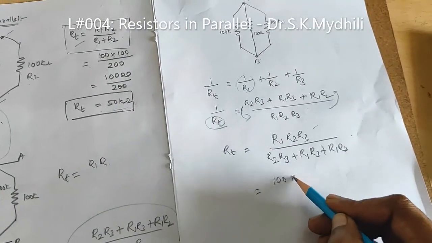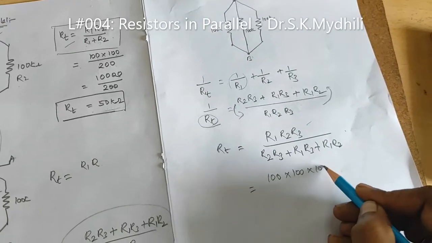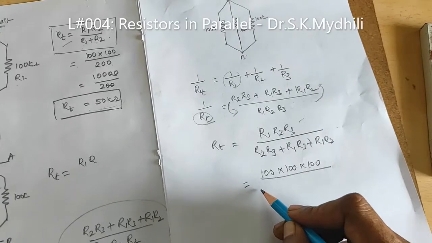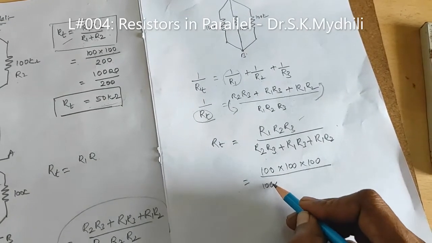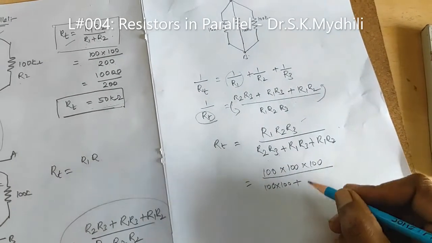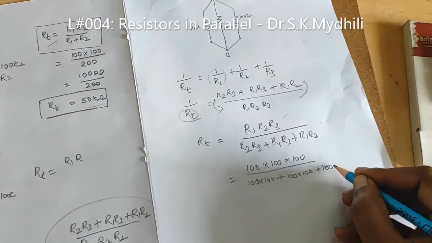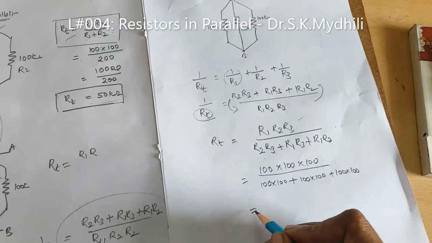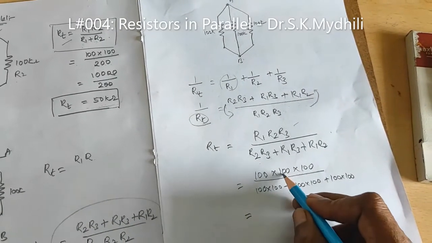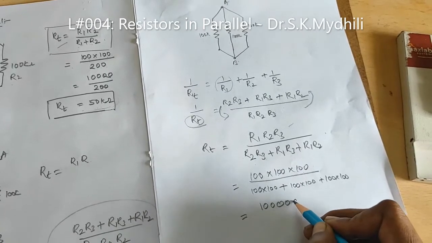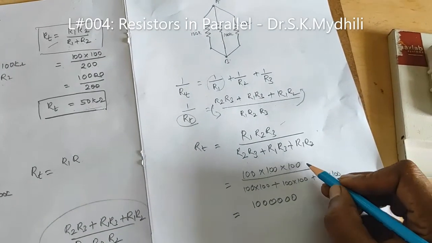Just substitute the values of the given resistances. Since here 100k resistance is what we need, I am substituting it: R1 R2 R3 as 100 into 100 into 100, divided by R2 R3, which is 100 into 100, plus R1 R3, again 100 into 100, plus R1 R2, again 100 into 100.